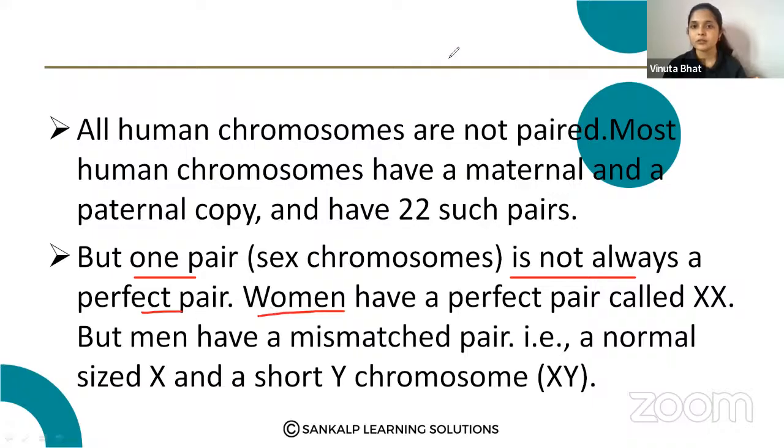A woman has XX chromosomes in the 23rd pair. If it is XX, then it is a female. The 23rd pair, if it is XY, then it will be a male. So that is a mismatch.